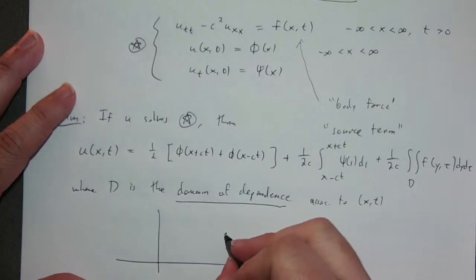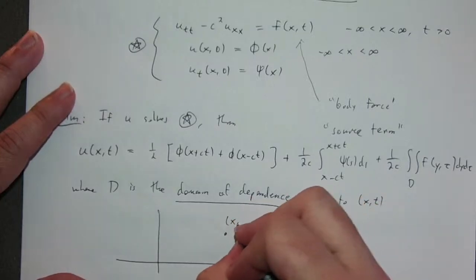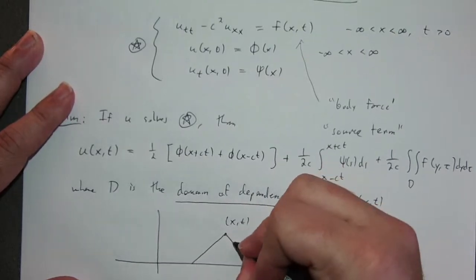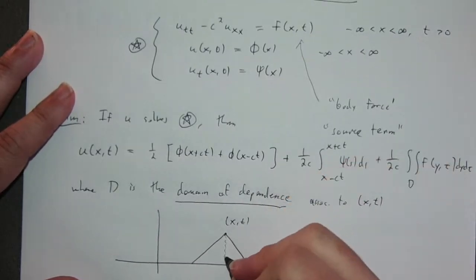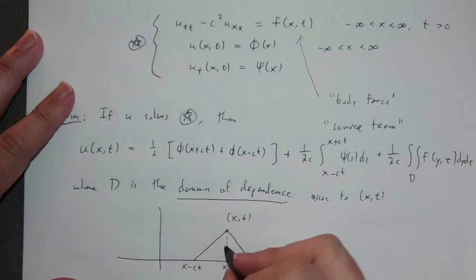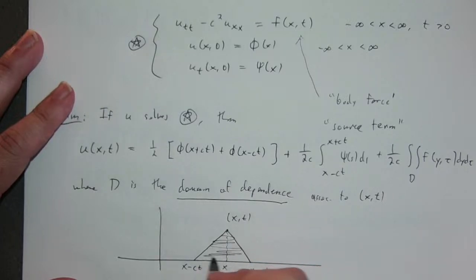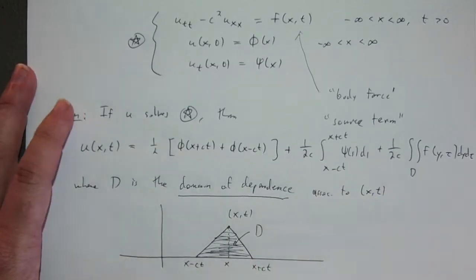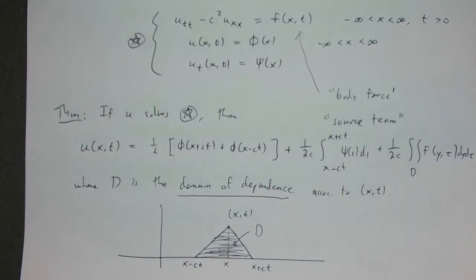If this is x, t, the domain of dependence is this shaded region. Here's x in the middle. This is x minus ct and x plus ct. So the domain of dependence is this thing. So this is D.